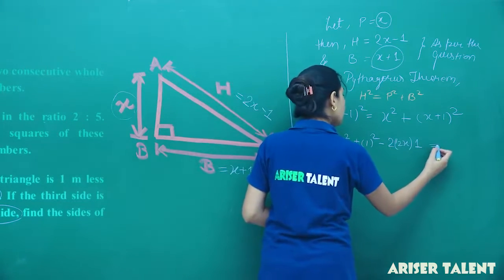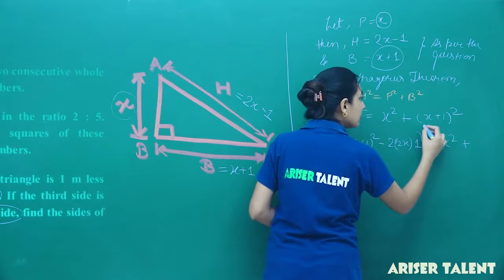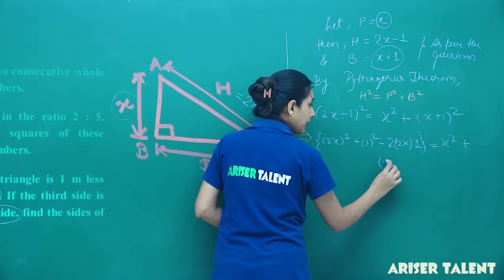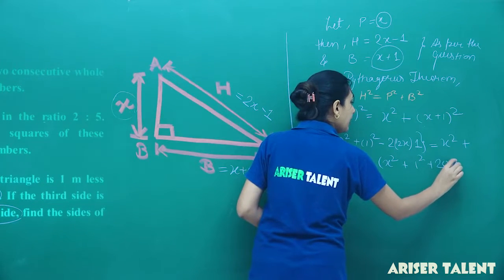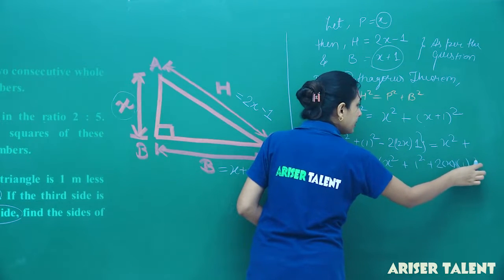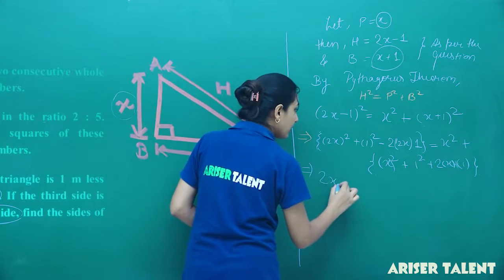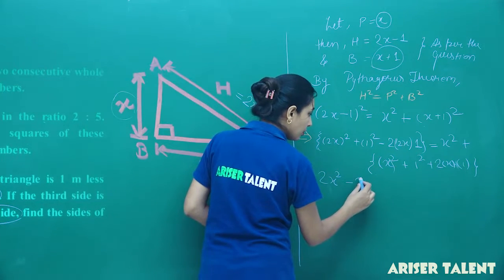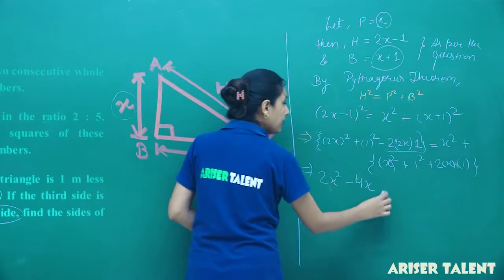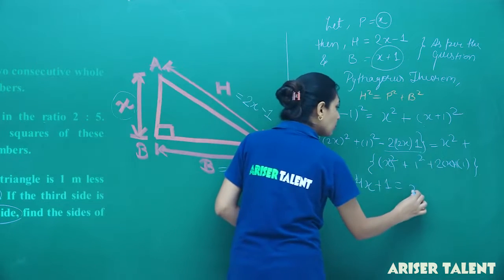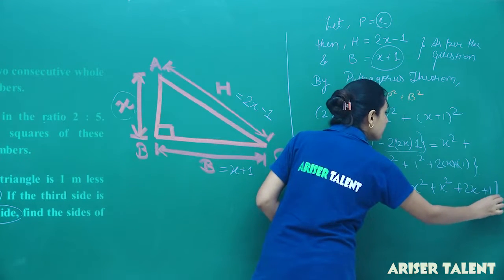That will be equal to x square plus (a plus b) whole square, which is a square plus b square plus 2ab. I can solve it further: 4x square minus 4x plus 1 equals x square plus 2x plus 1.